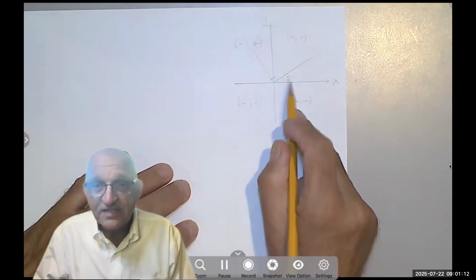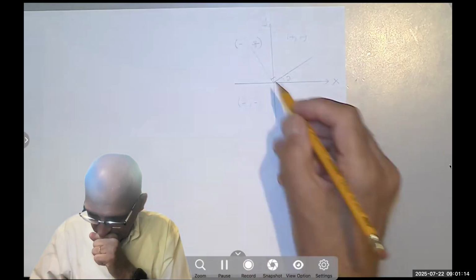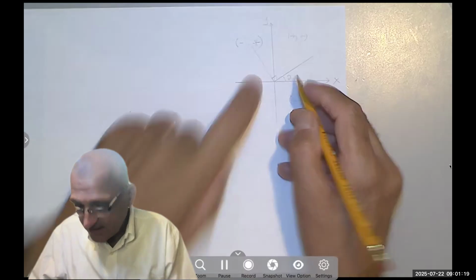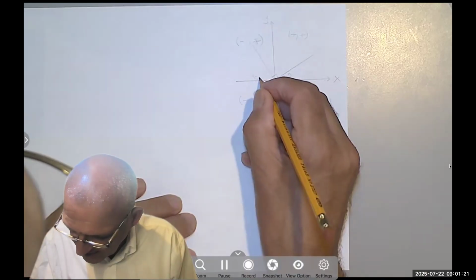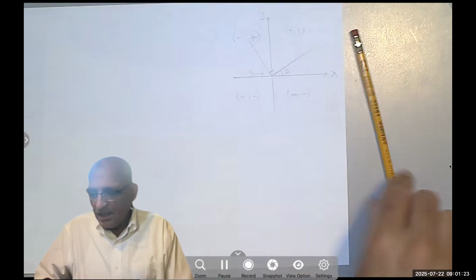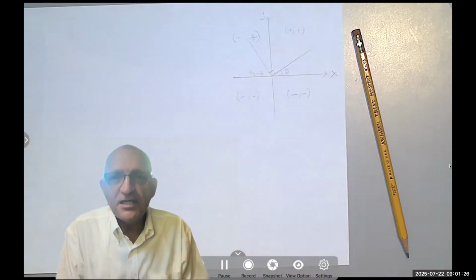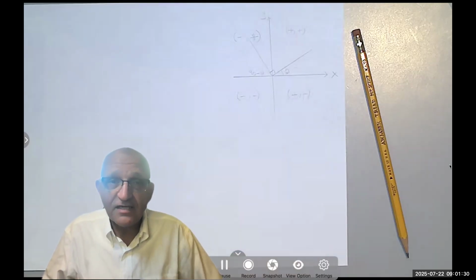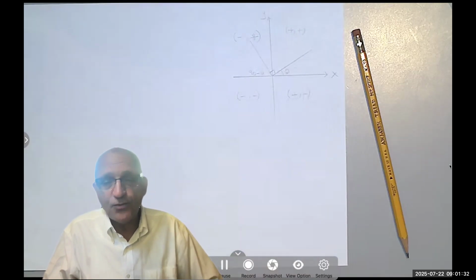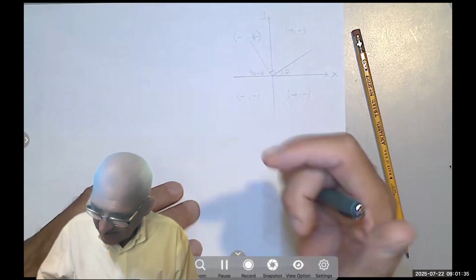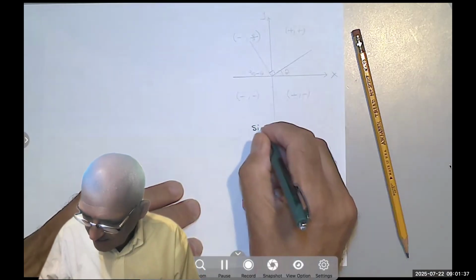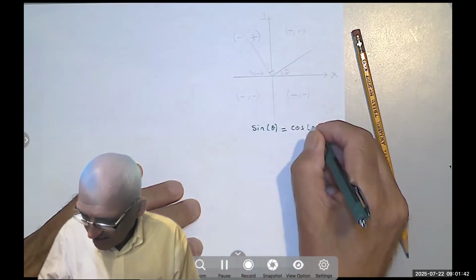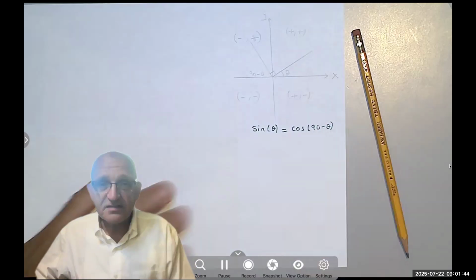And since the sum of these three angles is 180, and this is 90, then these two add up to 90. If one of them is theta, the other is 90 minus theta. What does that mean? It means that these two angles are complementary angles. They add up to 90 degrees. And we learned that sine theta equals cosine of 90 minus theta, or pi over 2 minus theta.